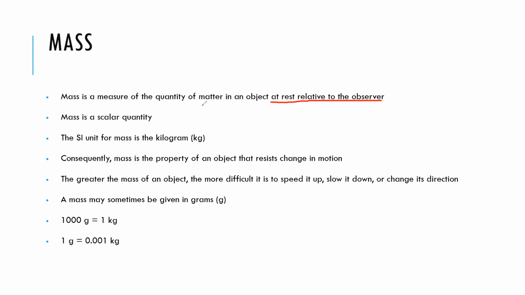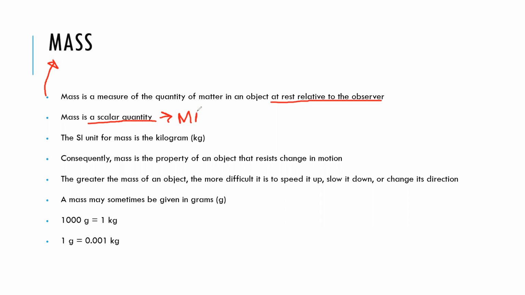That is one of the main things. Mass is a measure of the amount of matter, the amount of substance, which is present in an object at rest relative to the observer.